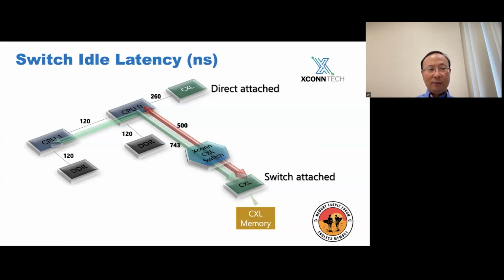And because it's a two-socket system, if CPU 1 goes through the link to CPU 0 to access the switch attached memory, the inter-CPU latency adds further, becoming around 743 nanoseconds.